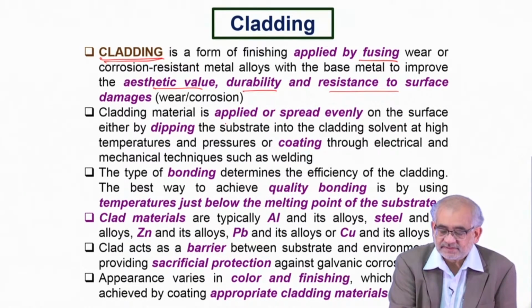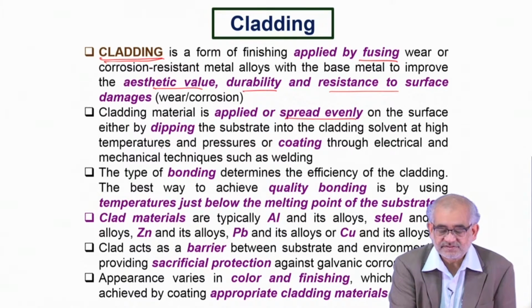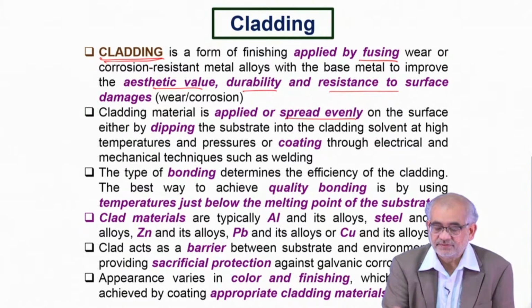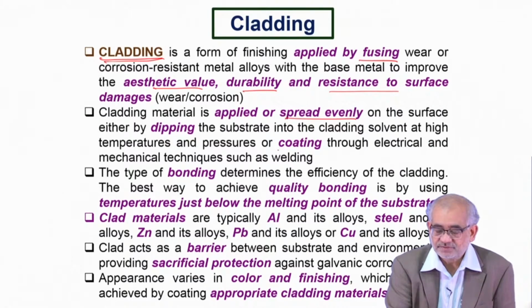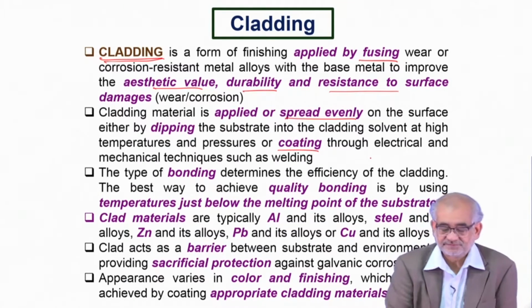The metal that is molten should usually have very high wettability, so it spreads very easily and evenly onto the surface. Either you can dip and then allow it to spread easily, or you simply coat through electrical or mechanical techniques as we do in case of welding.